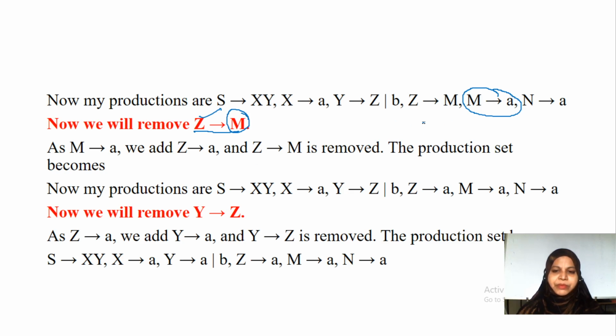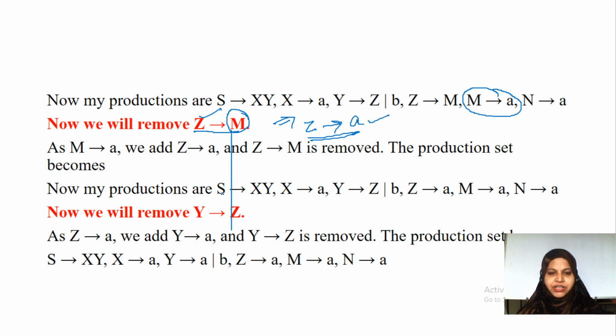Removing Z tends to M, I add all the M productions. M tends to a is the only one, so I add Z tends to a.